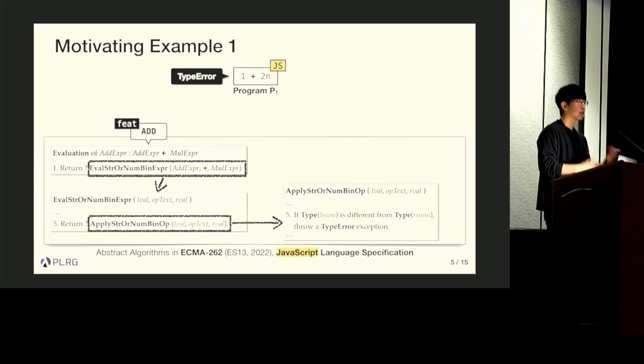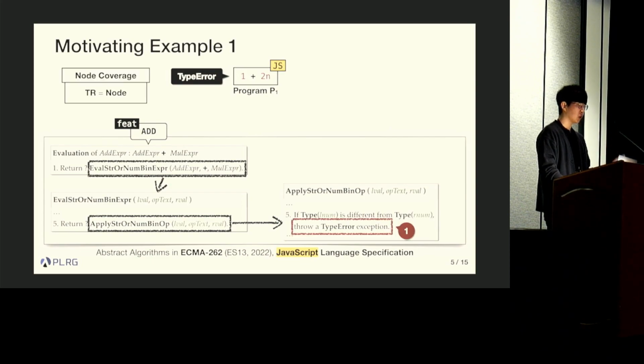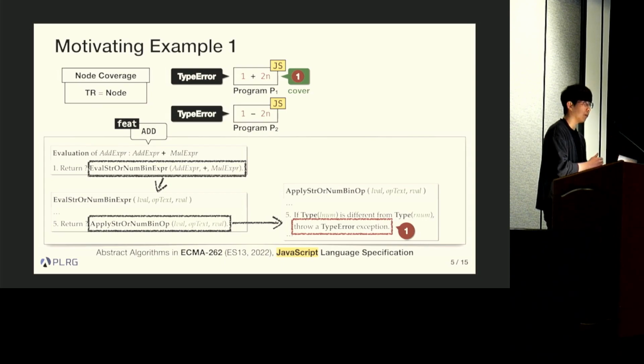Let's consider the control flow graph in this language specification, and let's say that this line is node 1. If we measure node coverage, test requirements are nodes, and we can say that the program P1 covers node 1. Now let's consider a similar program, but now we use subtraction rather than addition.